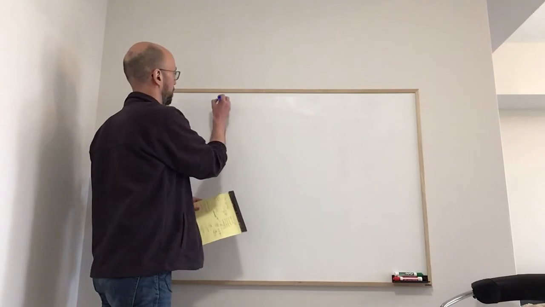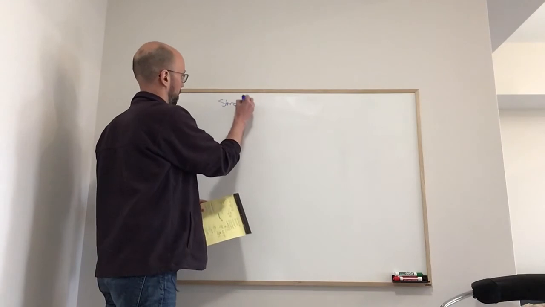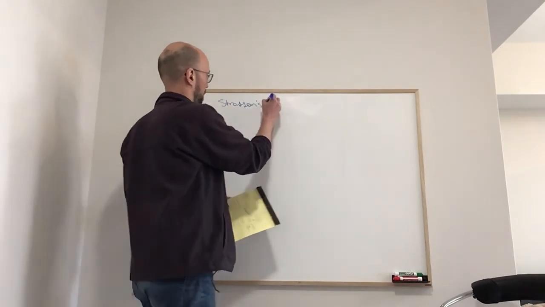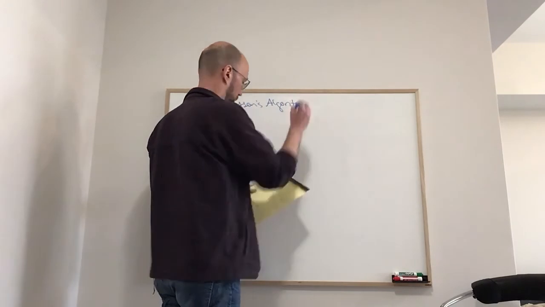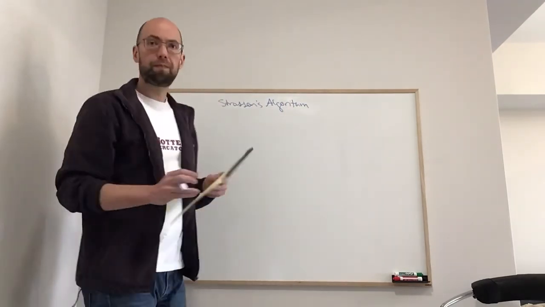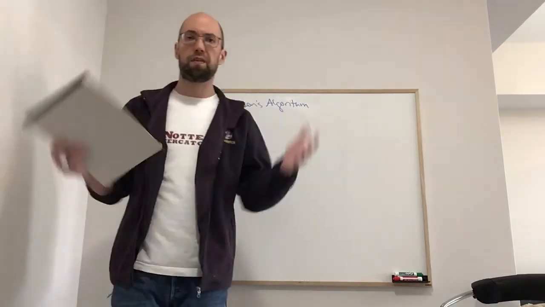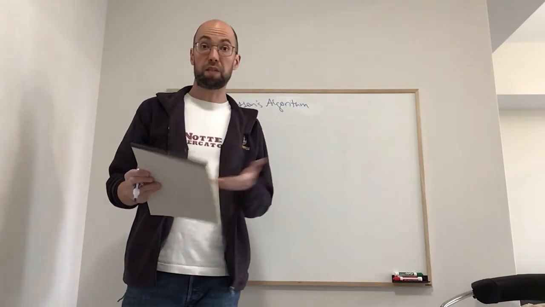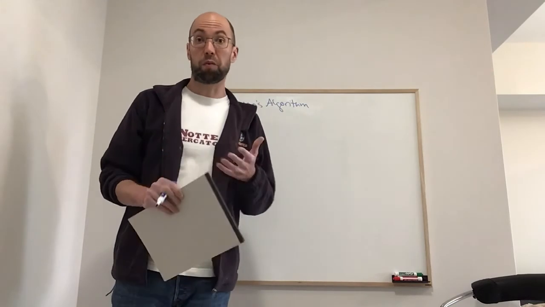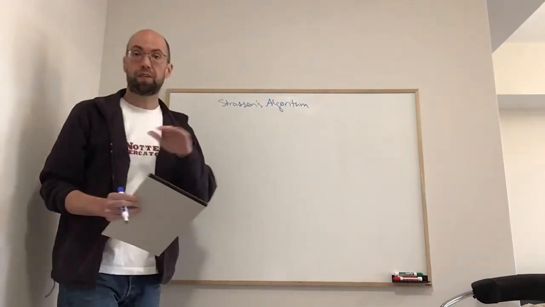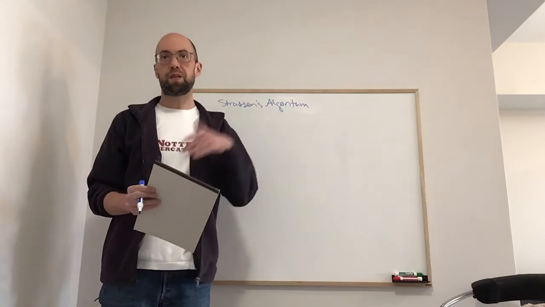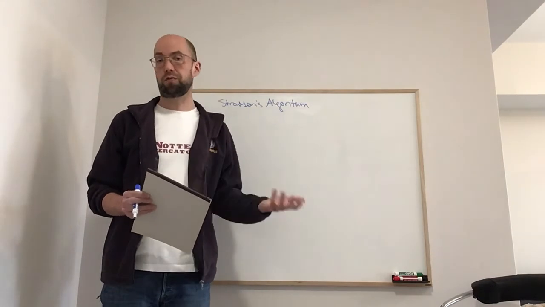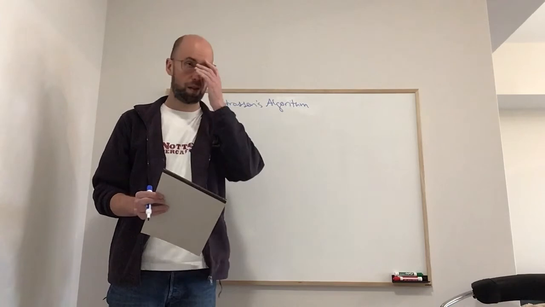So this is Strassen's algorithm. Let's suppose you have two matrices, A and B, and you want to multiply them. Suppose they're n by n matrices, and n is a power of 2, so this recursion is nice.